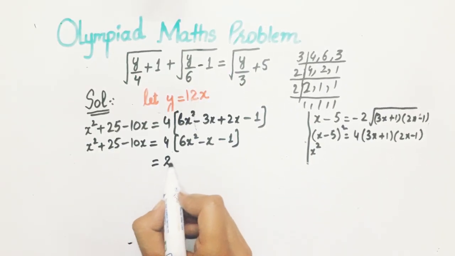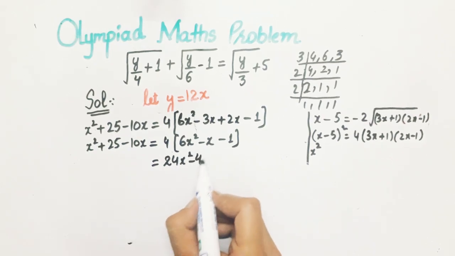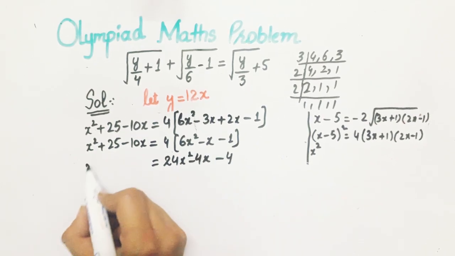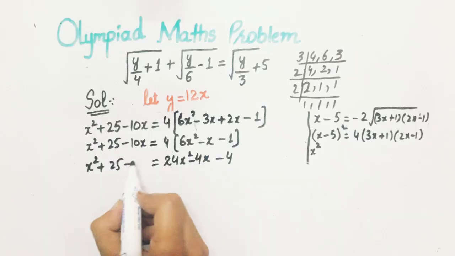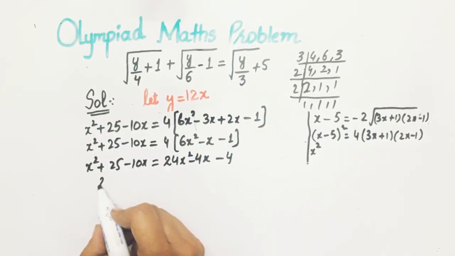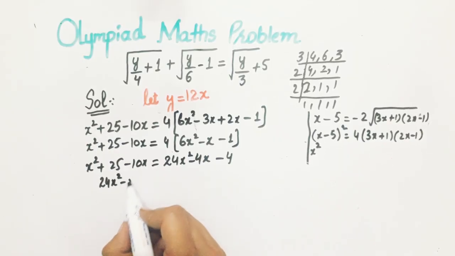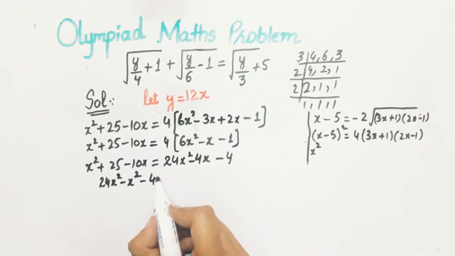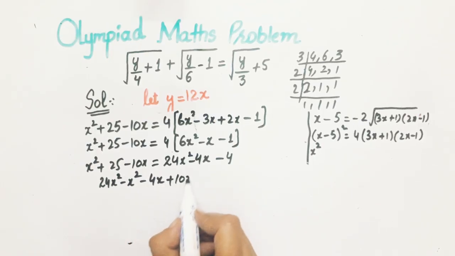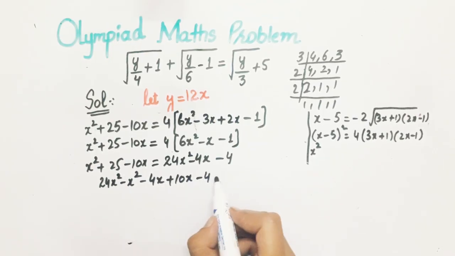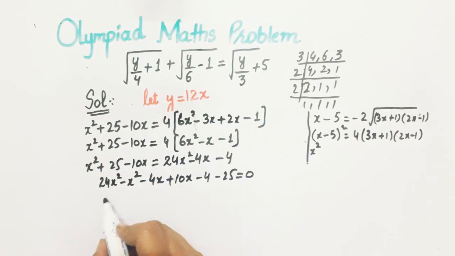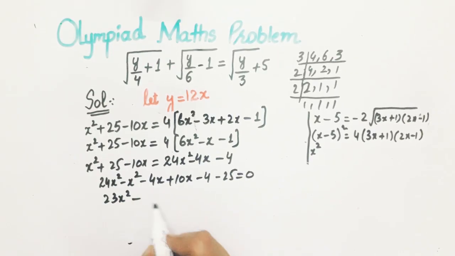This is 24x square minus 4x minus 4, and this is x square plus 25 minus 10x. So 24x square minus x square, minus 4x plus 10x, minus 4 minus 25 equals 0. That gives 23x square plus 6x minus 29 equals 0.